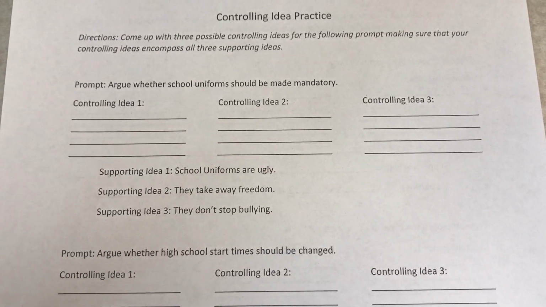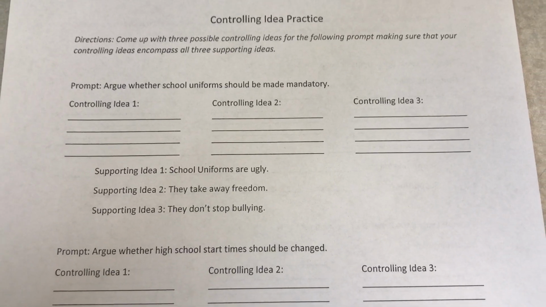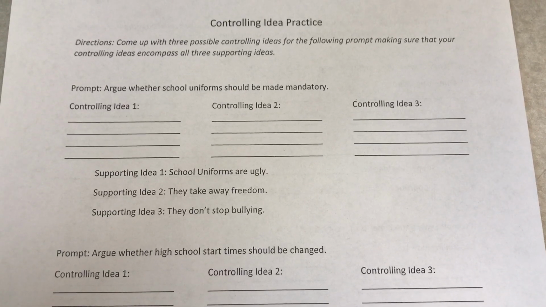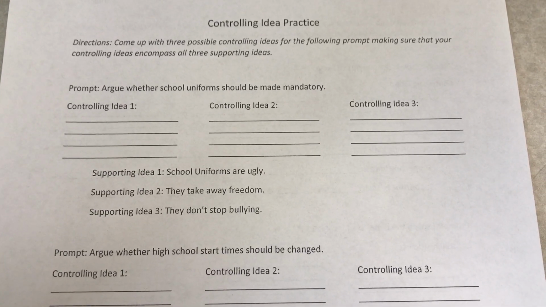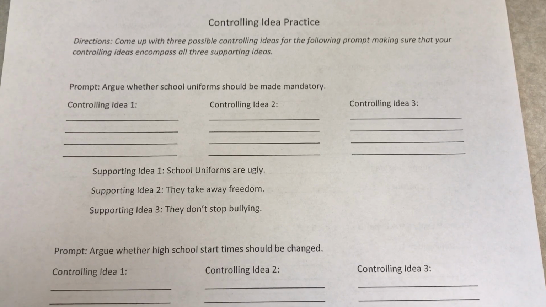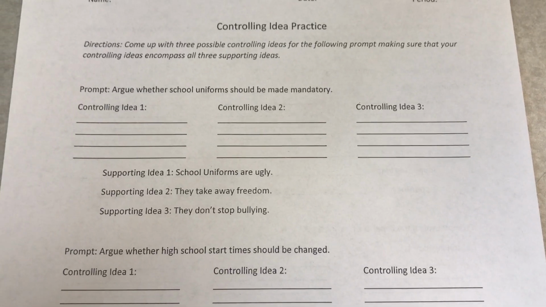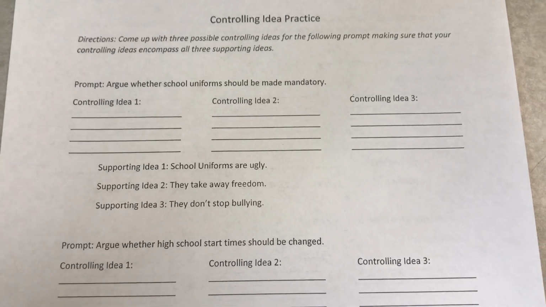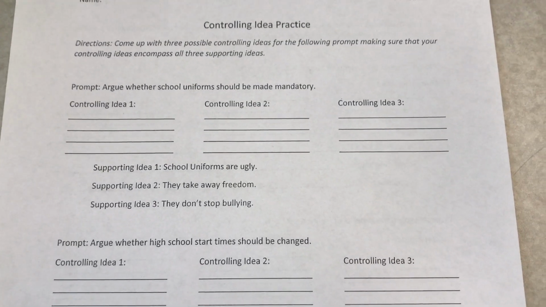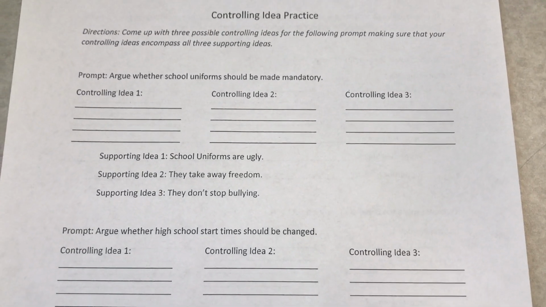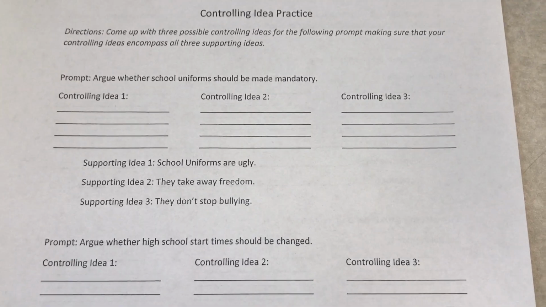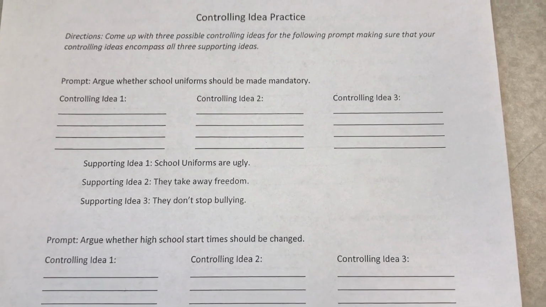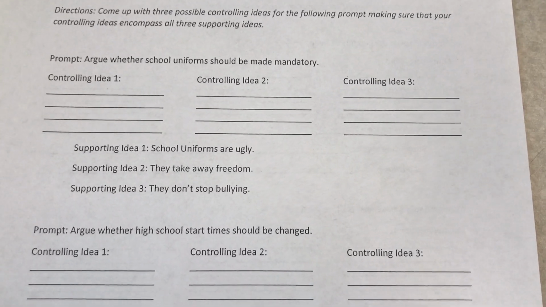So here's what we mean by a controlling idea. If I say school uniforms are ugly, they take away freedom, and they don't stop bullying, maybe my controlling idea is that school uniforms don't serve their intended purpose. And that leaves it open. Then I would have to explain that they think it's going to keep people from bullying others, and, I don't know what it is they believe will happen, fewer people will be out of dress code, whatever it might be.